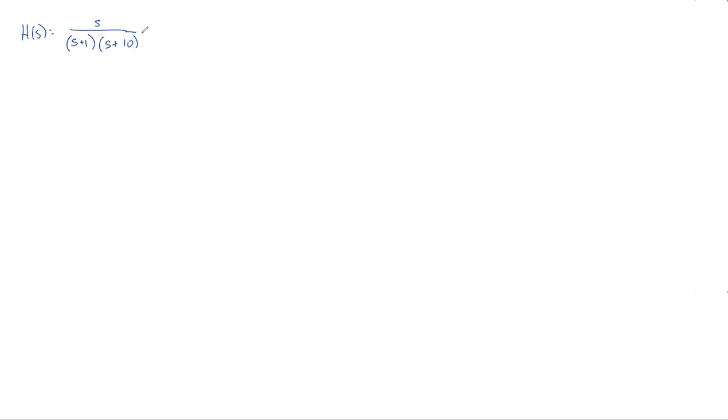So I've factored it for you. I mean, you would find that it looks like S squared plus 11S plus 10, and then you'd factor it into this. So S-plane representation, it has a 0 at 0, and it has poles at -1 and out here at -10.